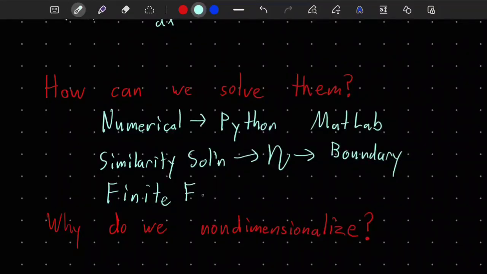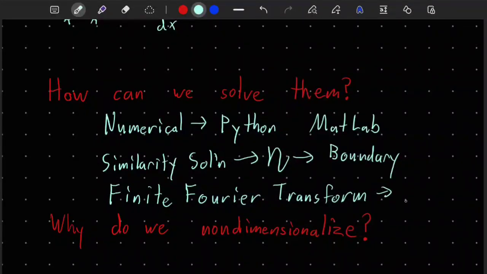And this involves eigenfunctions and creating basically a basis function, and we create a solution that's an infinite series summed. And I'll go through that a little bit.